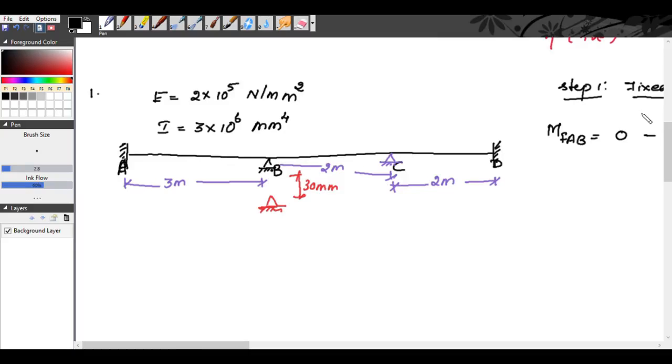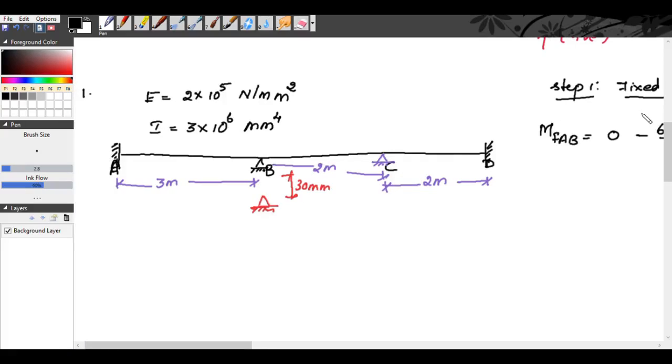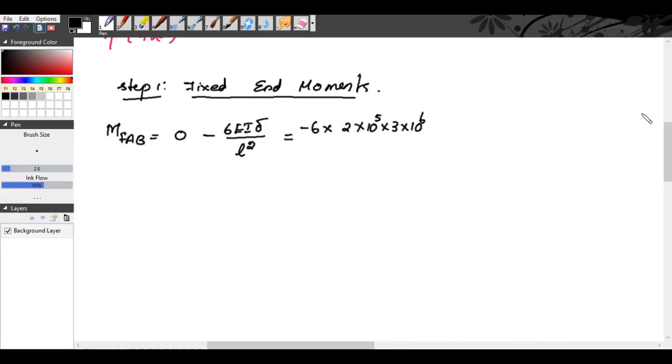Into the settlement is 30. 30 divided by, see if you put here plus, you can give here minus 30 divided by L square.